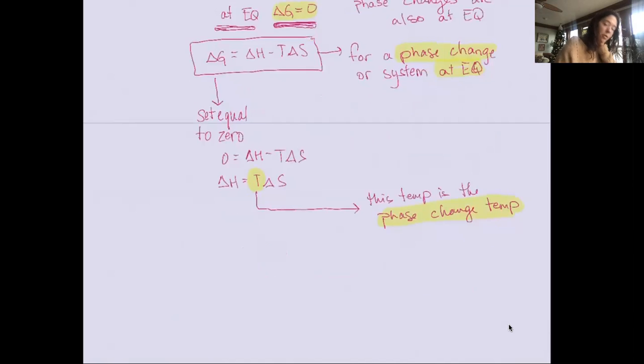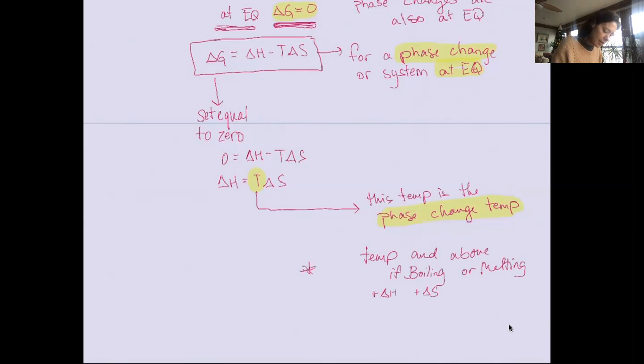Remember, phase changes are temperature dependent. And if we have an endothermic process and a positive entropy, gaining entropy, it would be that temperature and above, like boiling or melting, because we need high temperatures for those. That's a positive delta H and a positive delta S.